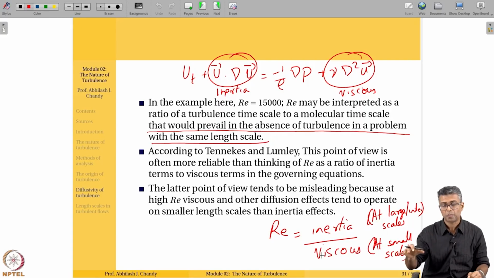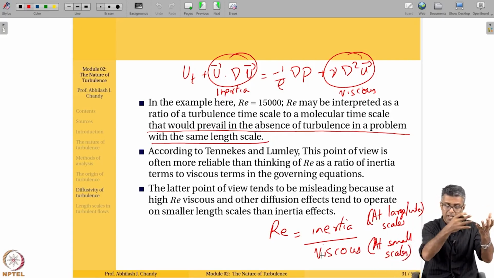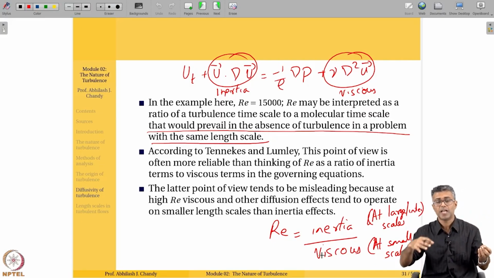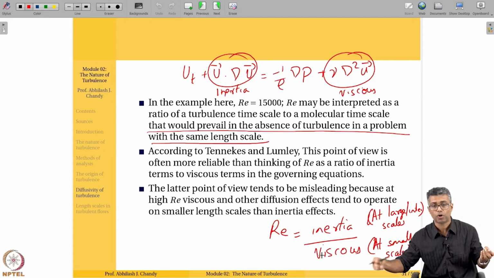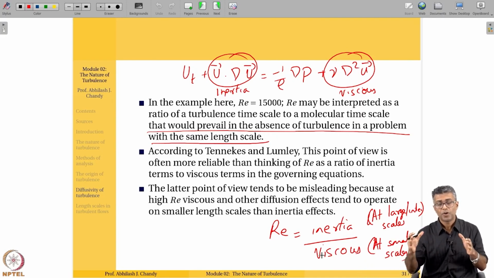As you know, dissipation happens at the small scales. You have the large scales breaking up into the small scales. You have energy being transferred from the large scales to the small scales. Eventually, it is going to break up into even smaller and smaller scales until viscosity just completely takes over. Once viscosity takes over, the energy just dissipates. So, viscous effects are more dominant at the small scales.